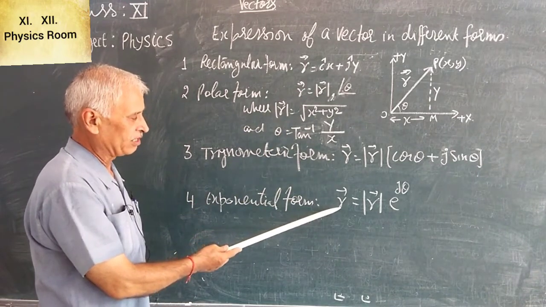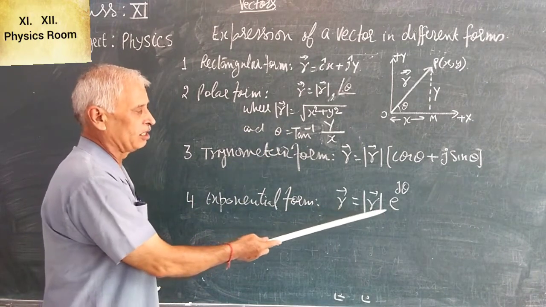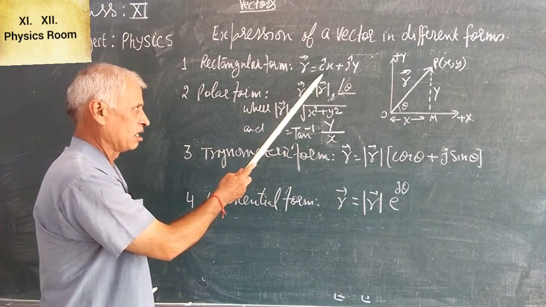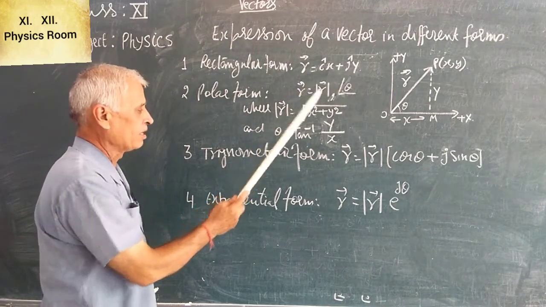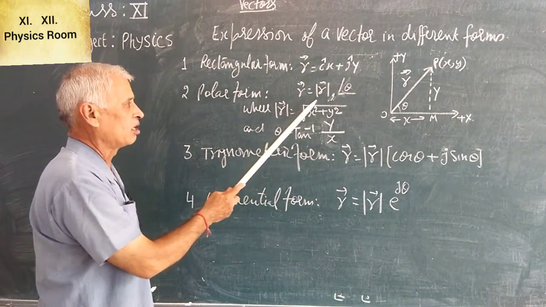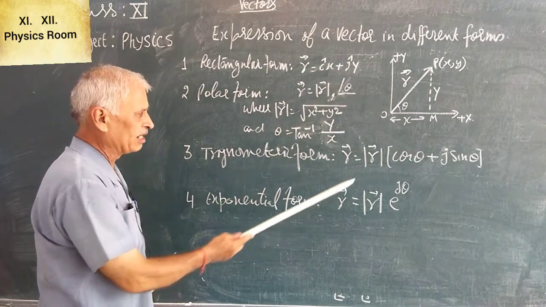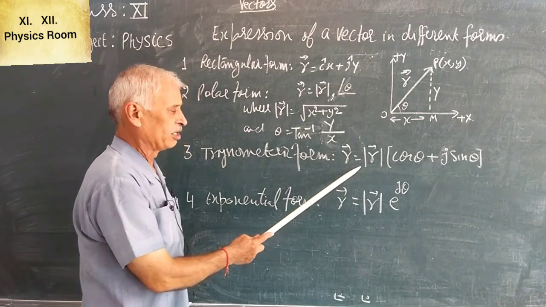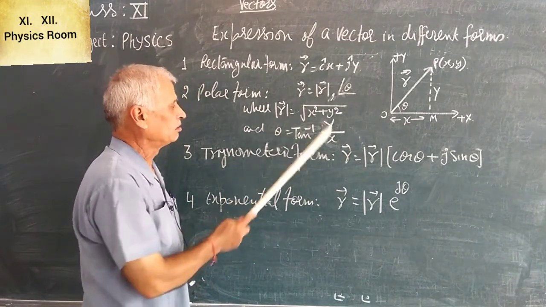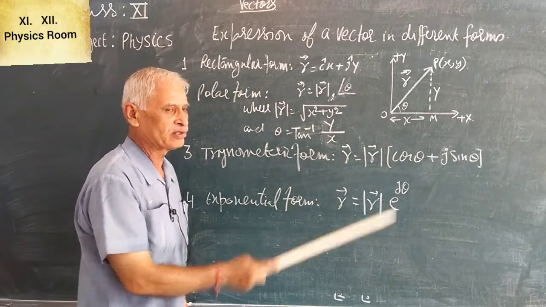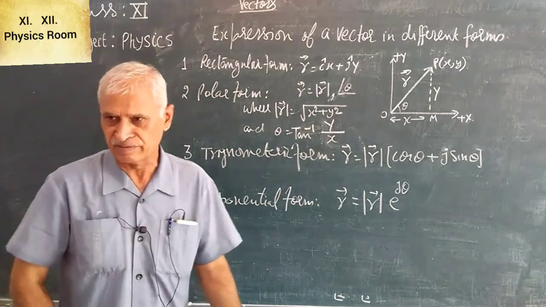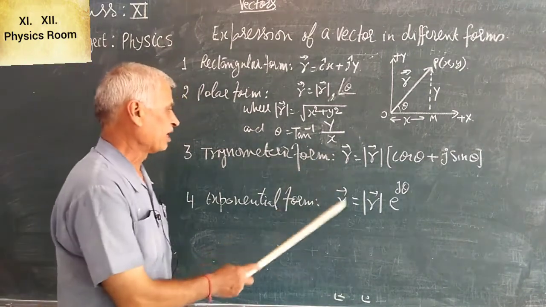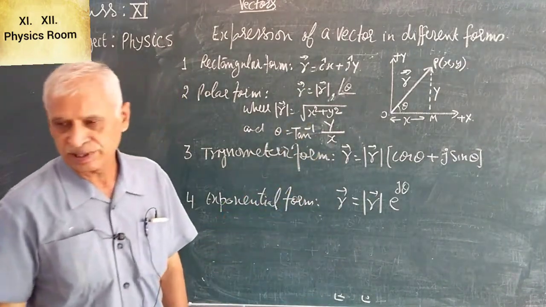If we have a vector expressed as mod r e raised to power j theta, we can write it as r equal to i cap x plus jy, or as mod r angle theta, or in terms of trigonometric form. Or if we are given a trigonometric form, we can write all these forms. We can interchange the expressions, but the vector is same. Since the vector is same, we can write for the same vector any of the 4 expressions.